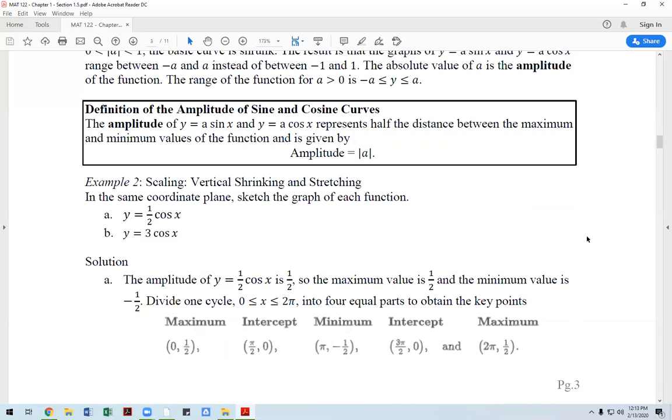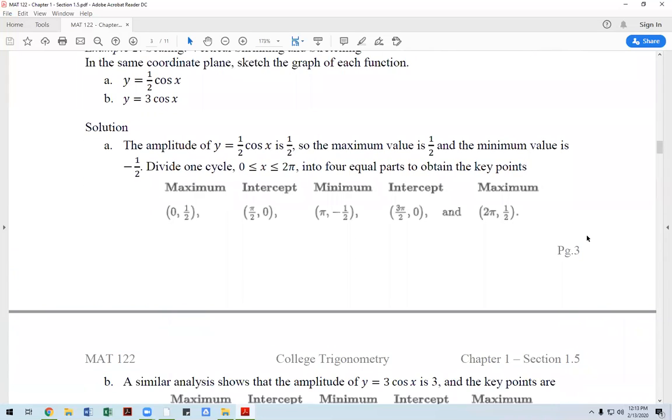In this case, all our y values will now need to be multiplied by a factor of 1/2 for part a, and for the second one, by a factor of 3. So you should notice how those y values are changing in the maximum and minimum ordered pairs, because now instead of having 1, these guys are going to be 1/2 and negative 1/2.